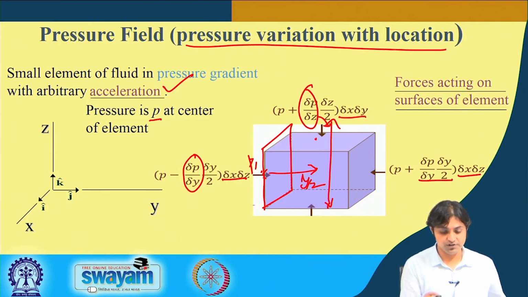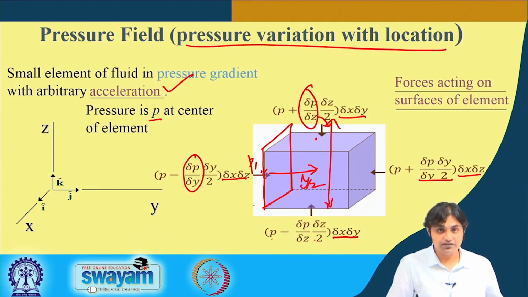This will give us a force, and similarly in this direction as well, because we have assumed that the pressure increases in the upward direction. So while going down it should decrease. It's P minus delta P by delta z into delta z by 2 multiplied by delta x into delta y.